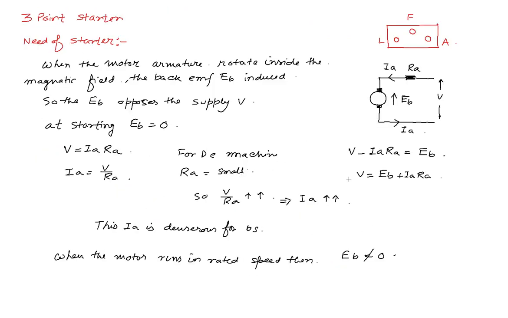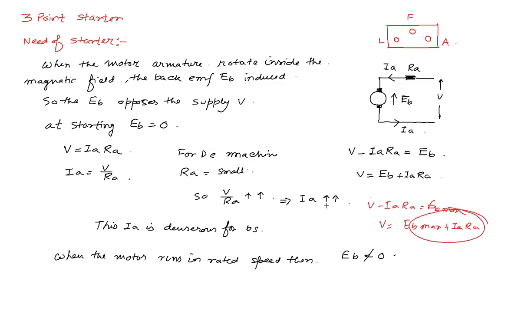because when the motor is in full run position, Eb is not equal to 0. Then V minus IaRa is equal to Eb max. That means at the maximum position, V is equal to Eb max plus IaRa.